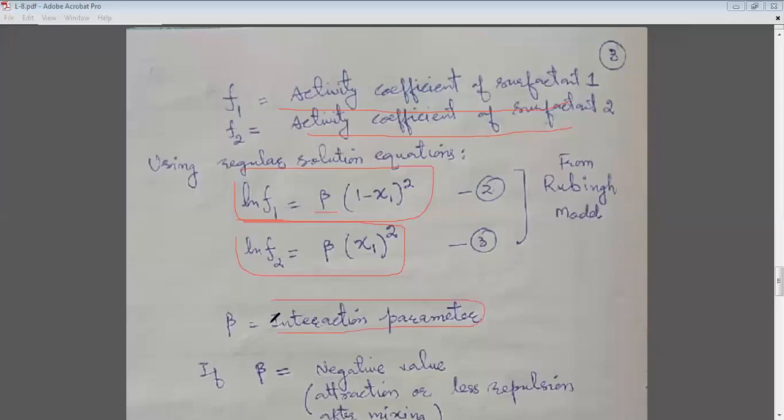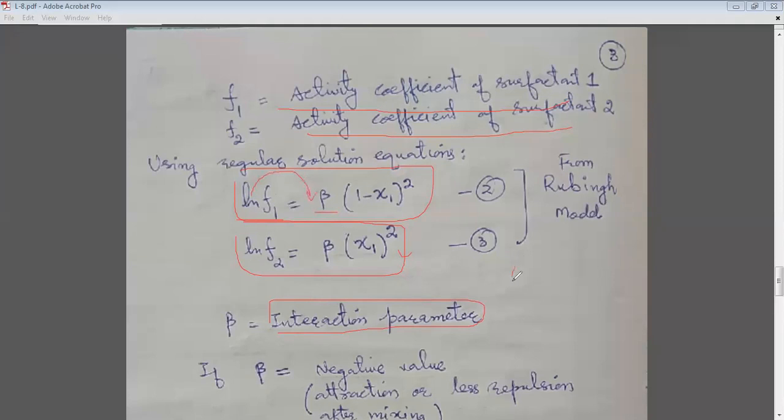Sometimes a simple question is asked to calculate the interaction parameter. You can calculate it by using these equations, or by using a single equation if the mole fraction of surfactant 1 is given and the activity coefficient is also given. This equation can also be transformed: if you take the natural logarithm to this side, it will turn into the exponential form.